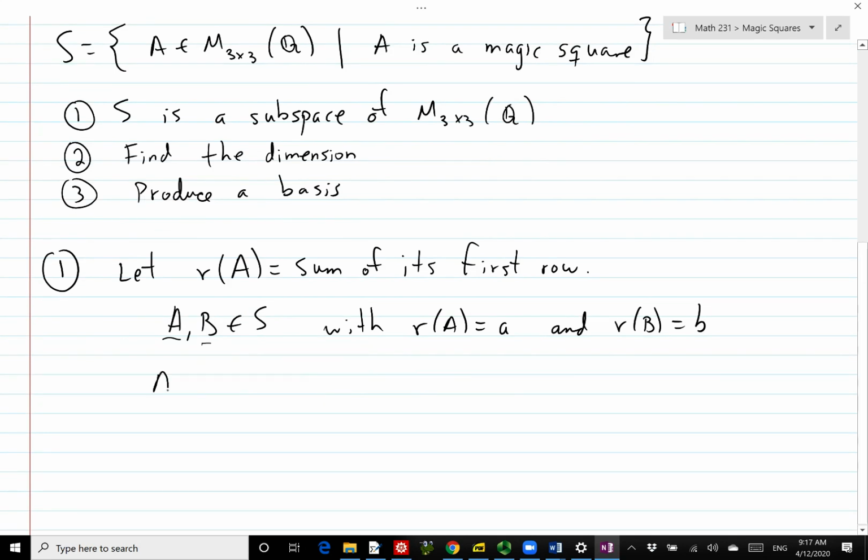So if you add these two matrices, then the sum of the first row is going to be a plus b. The sum of the second row will also be a plus b.